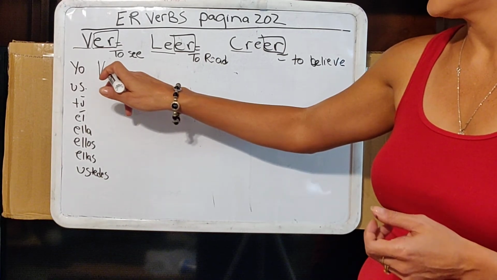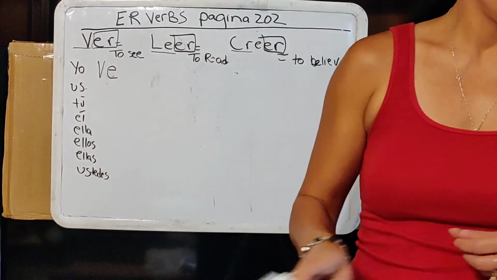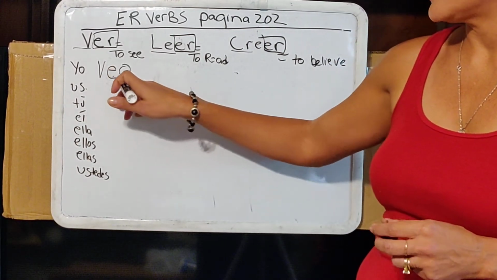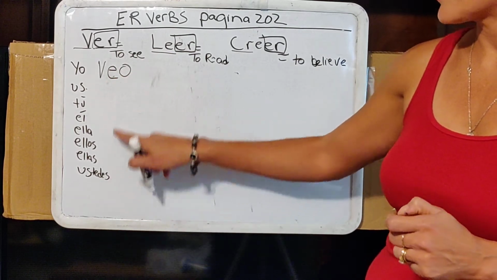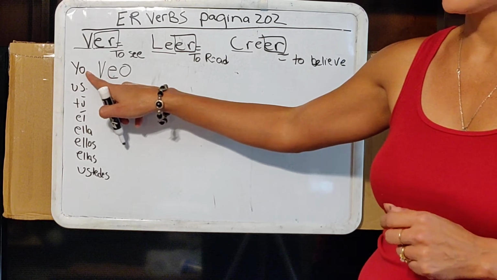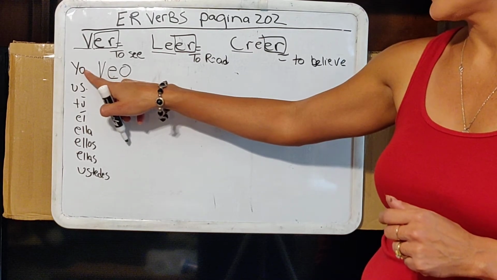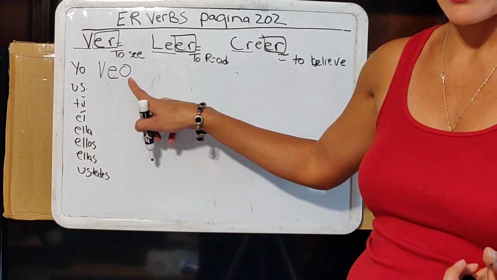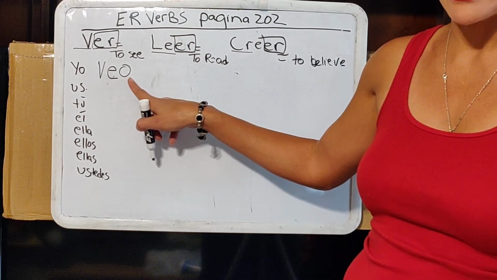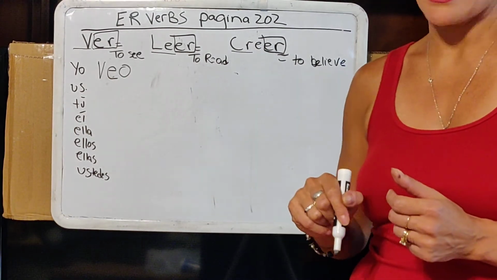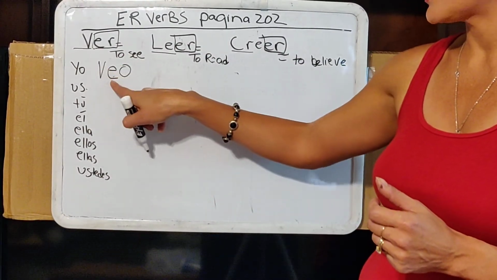Yo veo. It has the O, and this is an exception to this, and I'll explain in a second. But just like all of your other yo pronouns, you're going to end up with the O as the ending. Think of the word presentar. When you want to say yo presentar, you say yo presento. So it stays the same. The only difference is you keep the E in there.